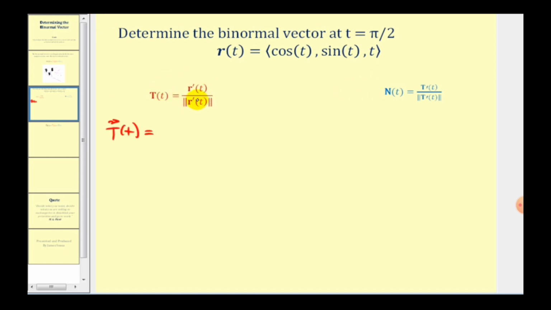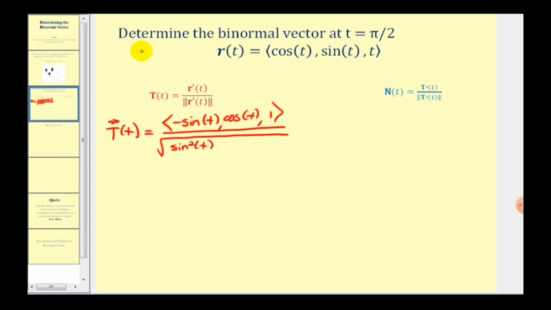So here's how we'll determine T of t. We'll find the derivative of this vector valued function. So we're going to have negative sine t, cosine t, and 1. And then we'll divide this by the magnitude. So if we square this, we'll have sine squared t plus cosine squared t plus 1.